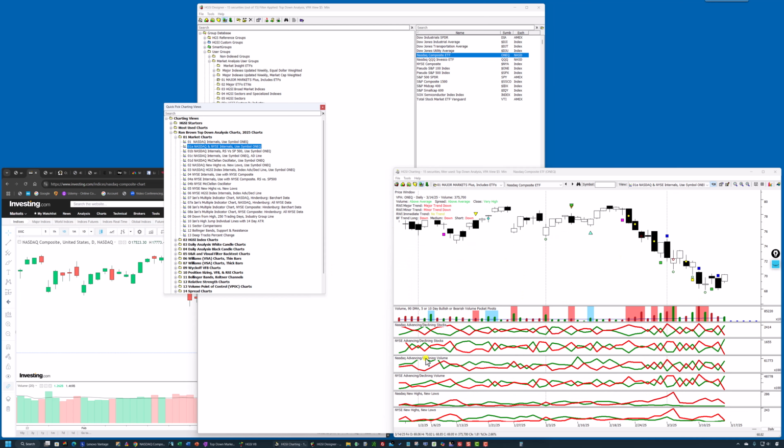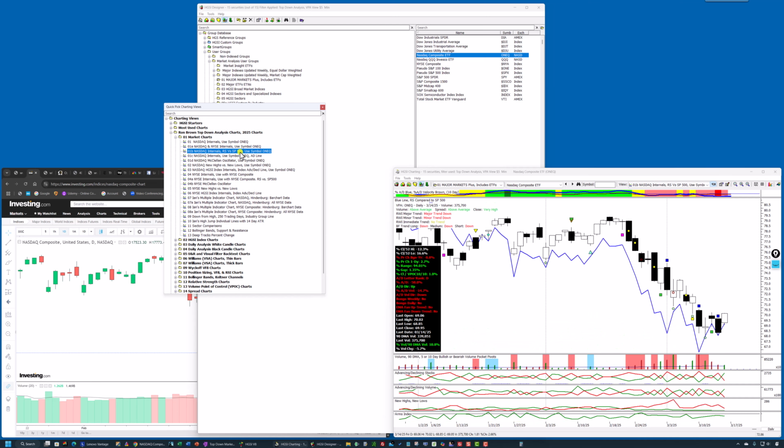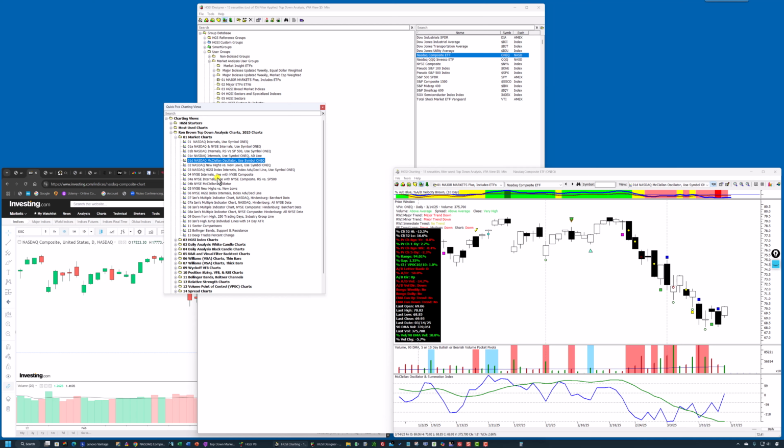We do have the NASDAQ internal data, just not the index, and we have the NYSE data too, so you can see the internals in here. You can see the big shift yesterday on advancing versus declining stocks and advancing versus declining volume. So any of these that are labeled, use that index. All of Ian's charts are in here.